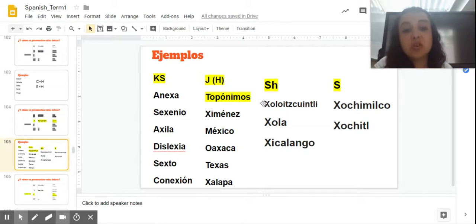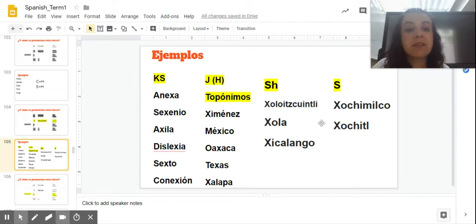We have Xoloitzcuintli, which is a dog. Xola, Xicalango.